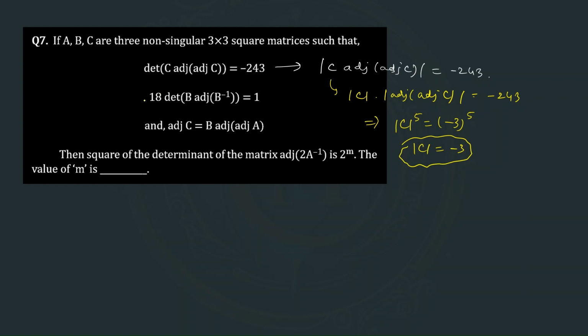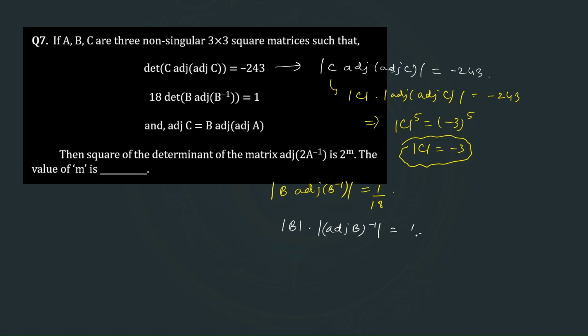Similarly, if we consider this second equation, we get determinant of B adjoint of B inverse is equal to 1 by 18. Now again we can use the properties of determinant. So this will be determinant B times determinant of adjoint of B inverse, which will be simply determinant of adjoint B whole inverse.